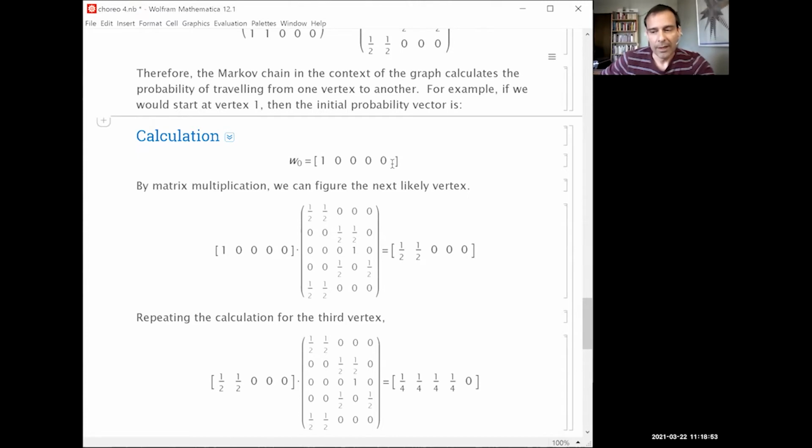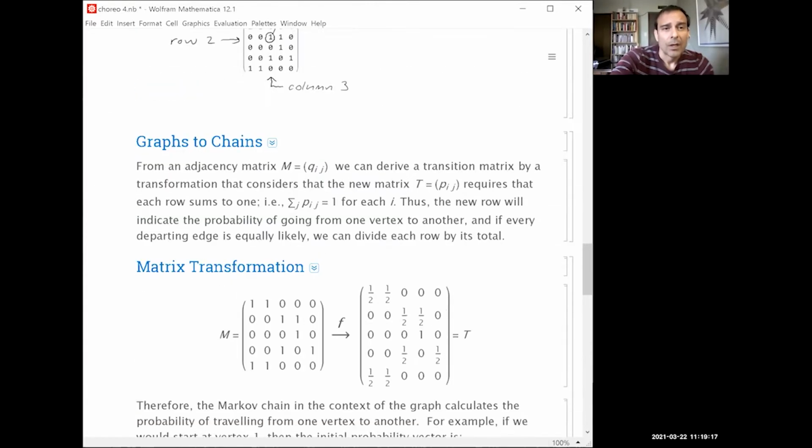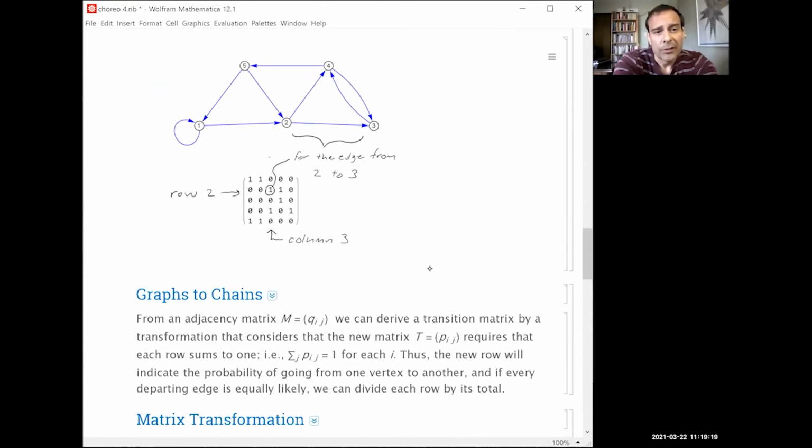Then if you look at the calculation here, we multiply the state vector by the transition matrix, and we get a vector for the next state. It says that there's a 50-50 chance of ending up at vertex 1 or vertex 2 if you didn't know better where you're going. If we look back at the graph, we'll see why that is the case. Looking at vertex 1, you see that there are 2 outgoing edges, one that goes to 2 and one that goes back in a circle to 1.